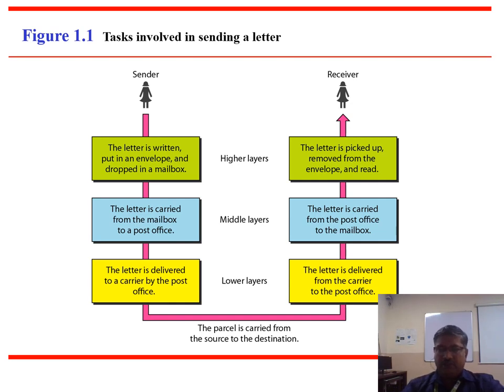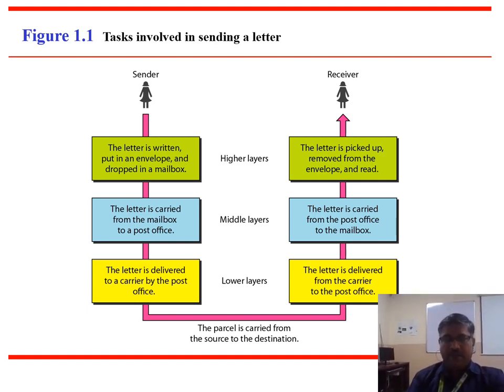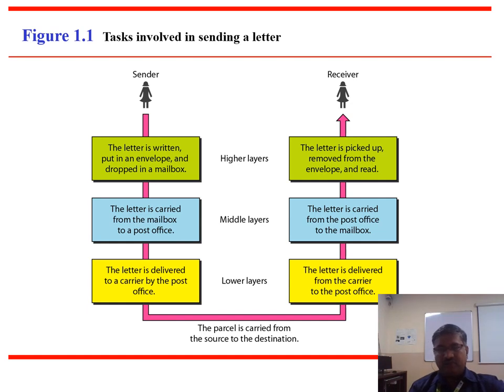The parcel has to be carried from the source to the destination. This example can be related to the layered task in the network models that we are going to see in the coming slides. These are the basic steps involved in sending and receiving mail through the services offered by the post office, and that can be related to the layered task.